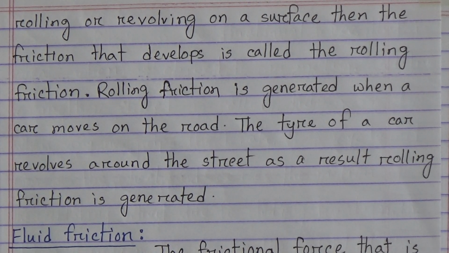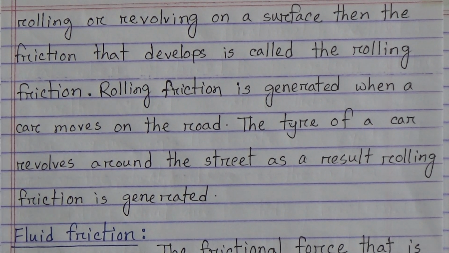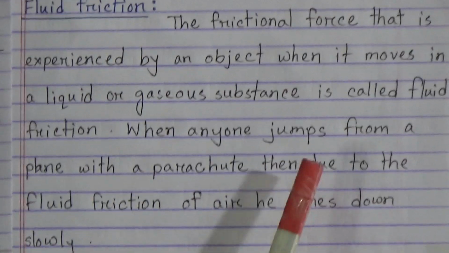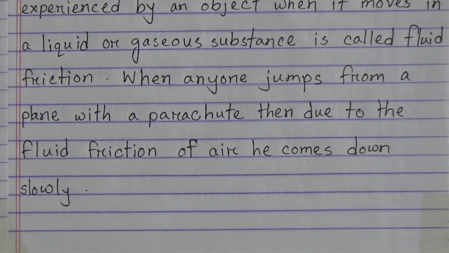Now, fluid friction. The frictional force experienced by an object when it moves in a liquid or gaseous substance is called fluid friction. When anyone jumps from a plane with a parachute, due to the fluid friction of air, he comes down slowly.